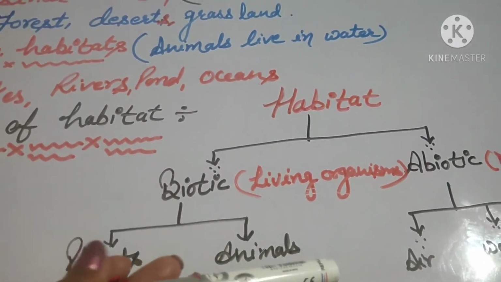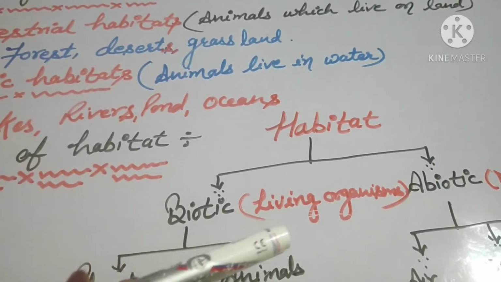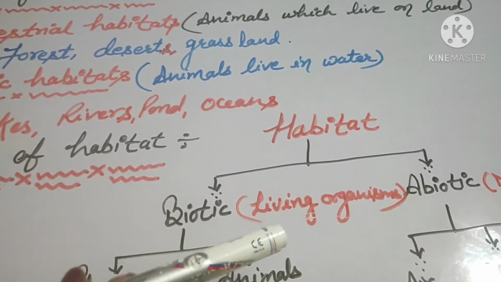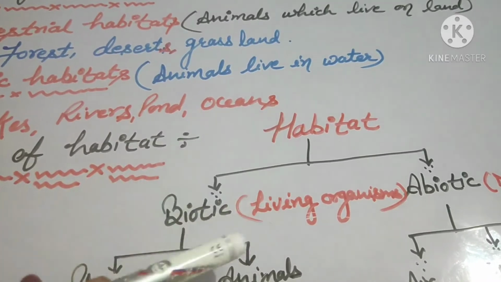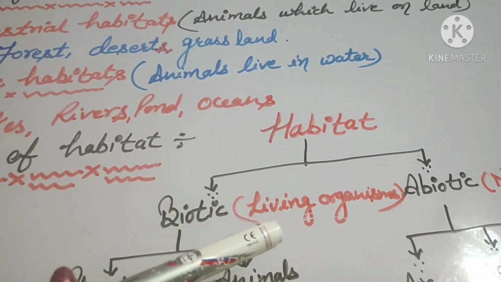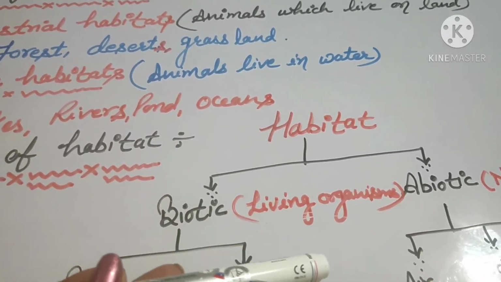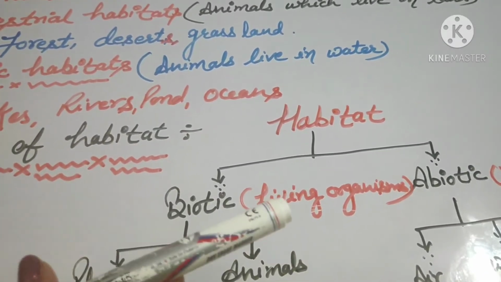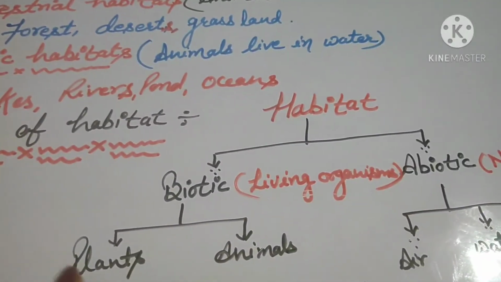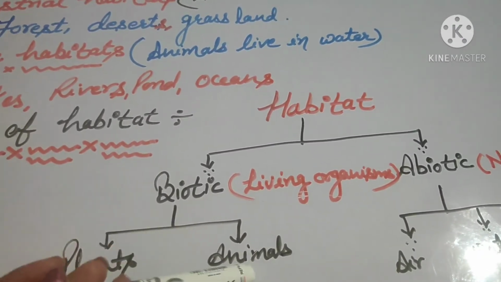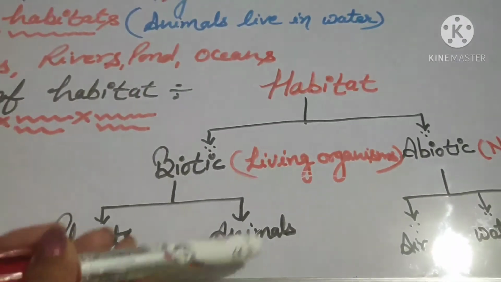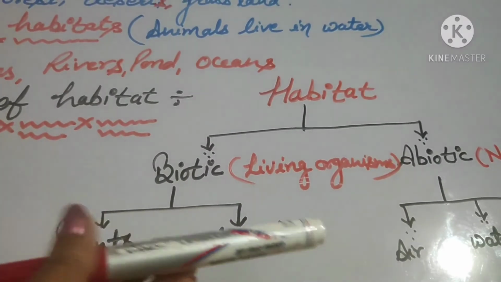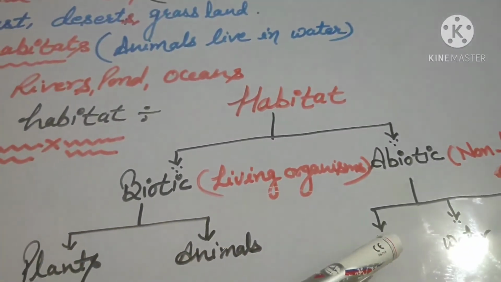Okay. Now, do you think these organisms can survive on their own? In order to survive, they depend upon a lot of non-living components, right? For example, they need water, right? Obviously plants need water, animals need water to survive, and water is a non-living thing, right?